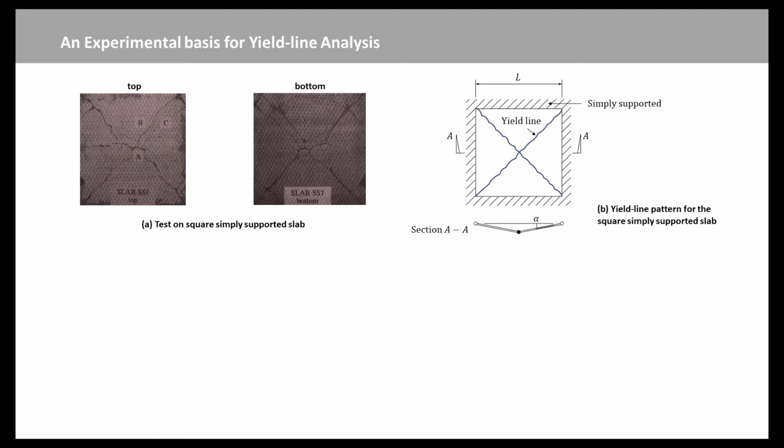This experimental behavior leads to a relatively simple model of the collapse of the slab. The collapse mechanism consists of two yield lines running the full length of the diagonals with rigid triangles, generally called rigid regions, of slab between the yield lines, as shown in Figure B.